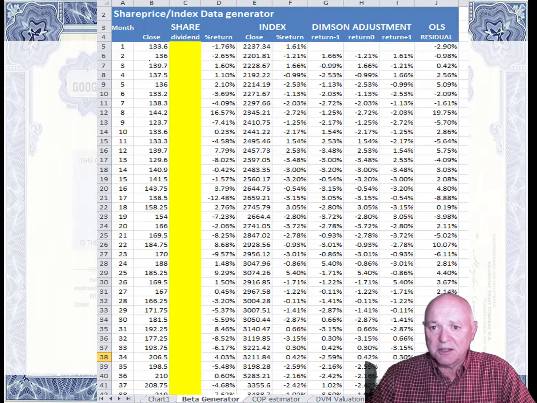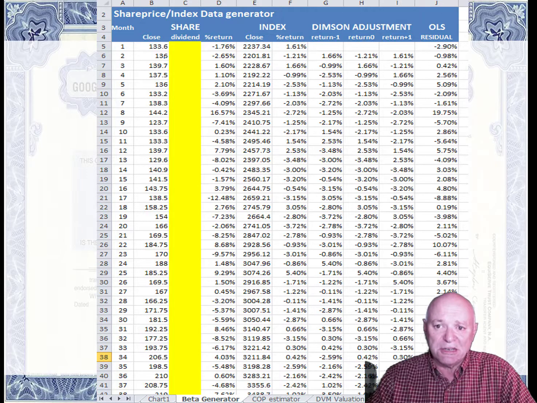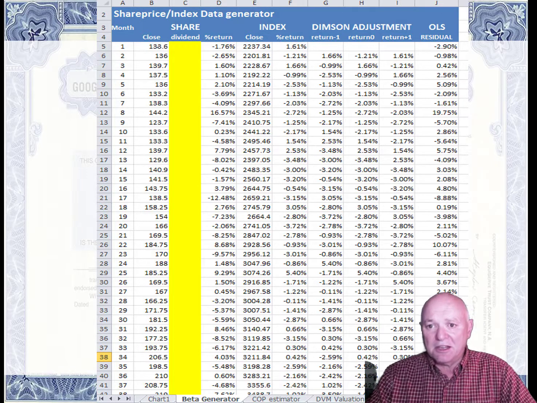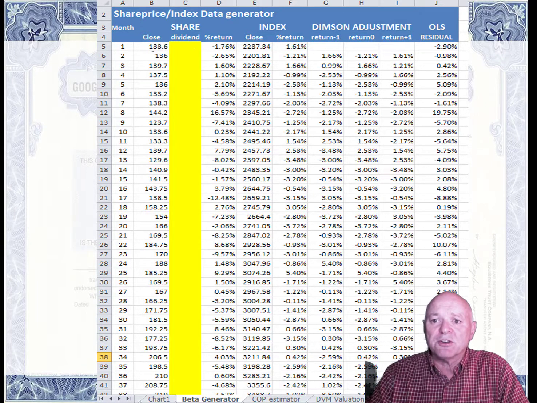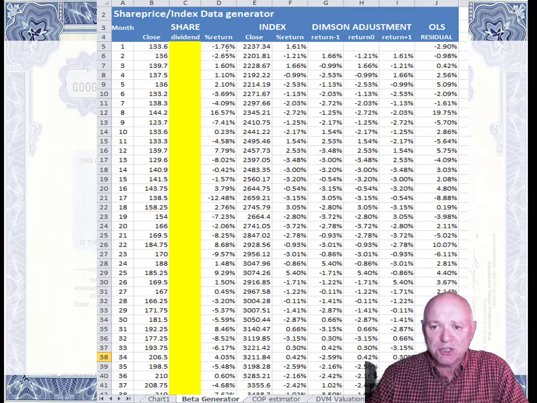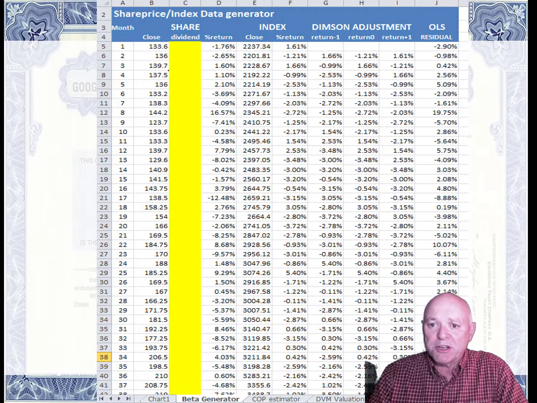So in the second month in our time series, it was $136 even a share. In the first month, really the last month of our time series, it was 133.6. So the difference between those two is a 1.76% change. It fell by 1.76 from 136 to 133.